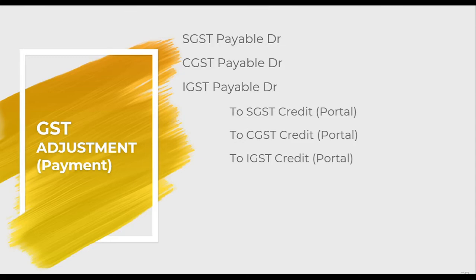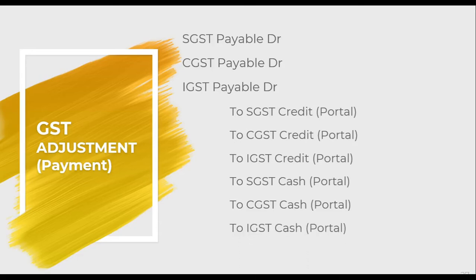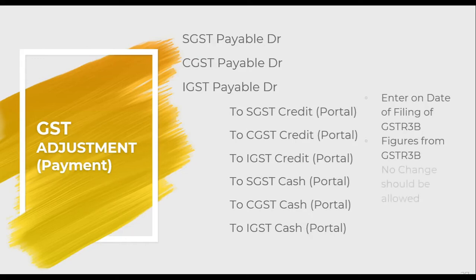But whatever I need to pay to the government after adjusting or offsetting my liabilities, I need to transfer those entries to these accounts, that is to SGST cash portal, to CGST cash portal, to IGST cash portal. Again, you can pass this entry on the filing date of GSTR-3B, take figures from GSTR-3B, and no change should be allowed.